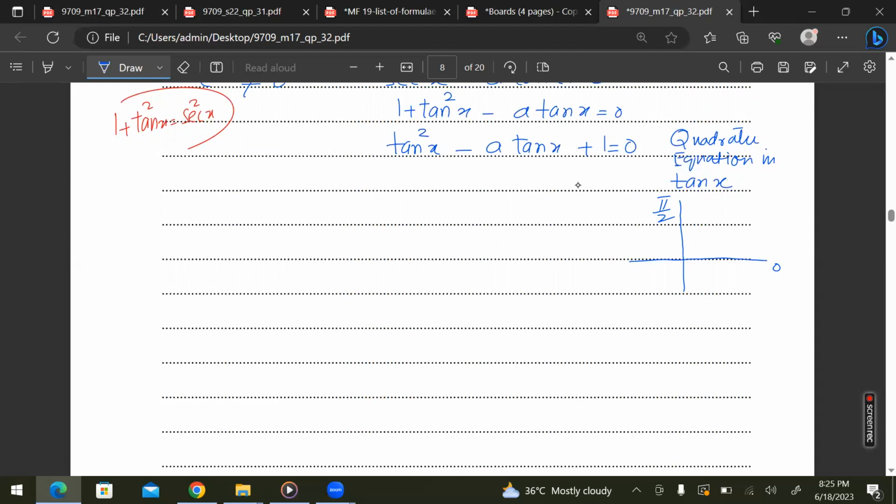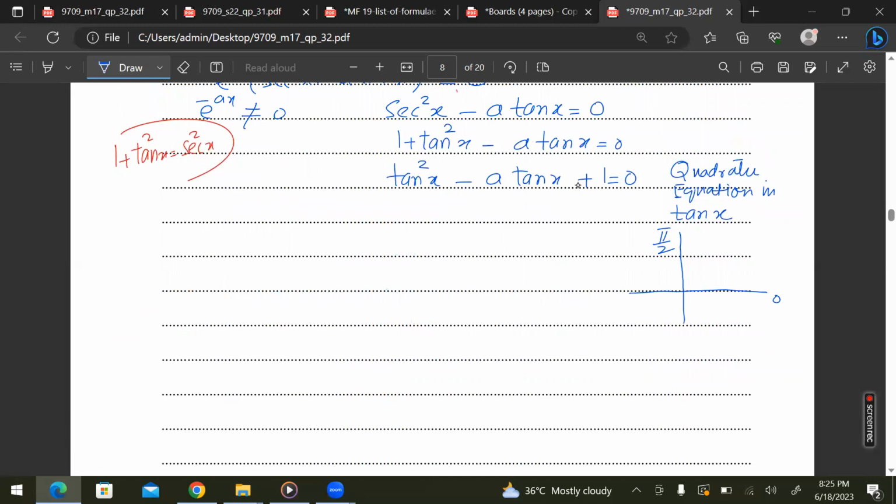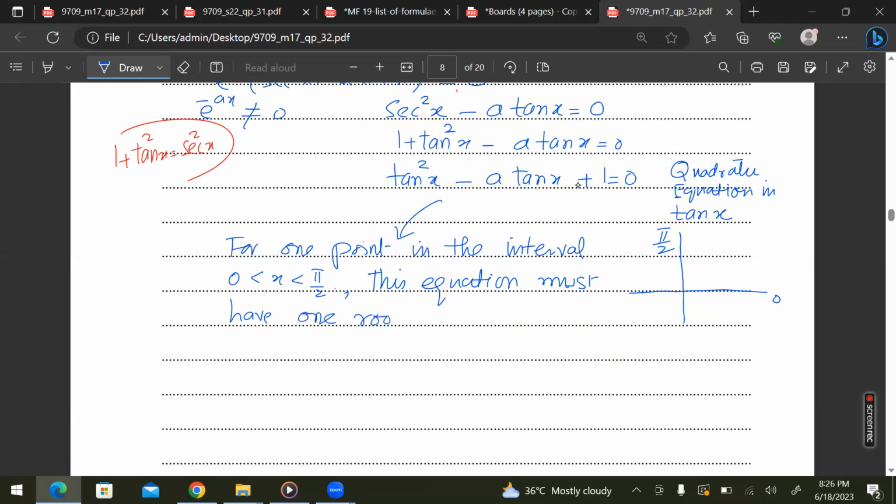So as this is a quadratic equation, for one point in the interval 0 to pi over 2, this equation must have one root.